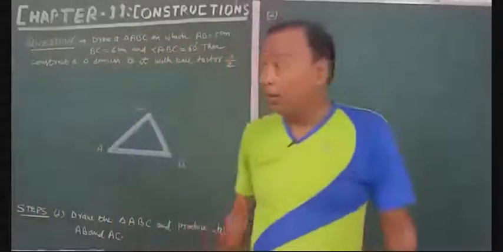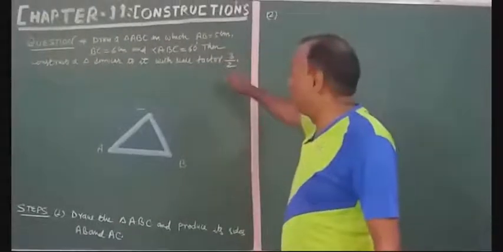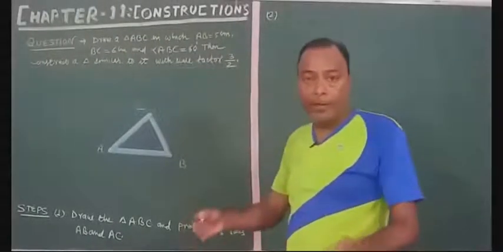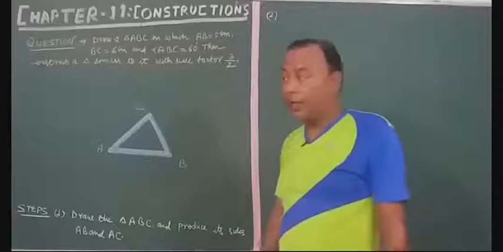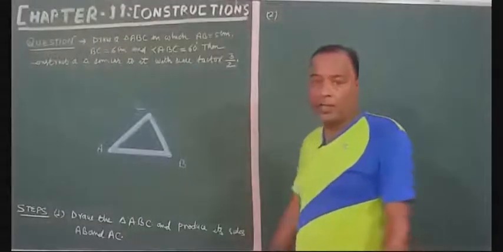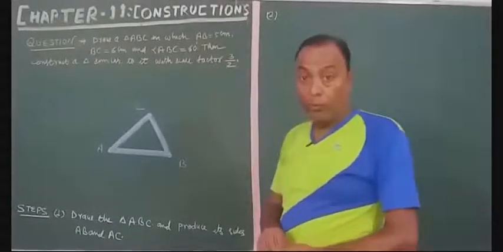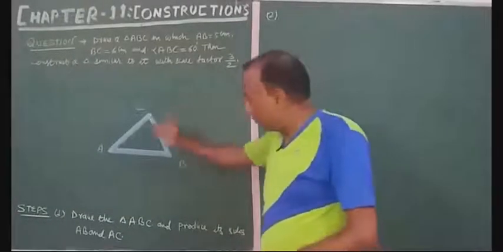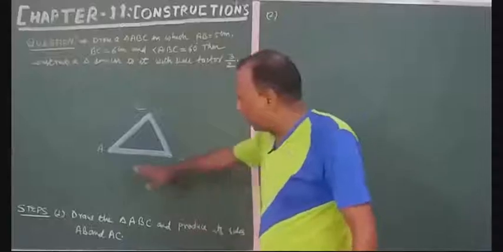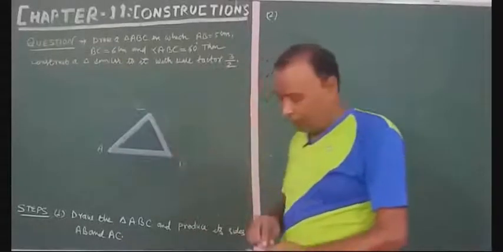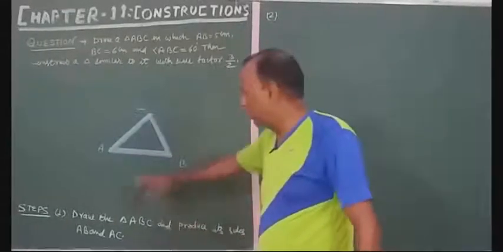Since here the scale factor is 3 upon 2, in the scale factor the numerator is greater than the denominator, therefore the triangle will be larger in size. So for the larger triangle, first we will draw this triangle and then we will produce these two sides, AB and AC.